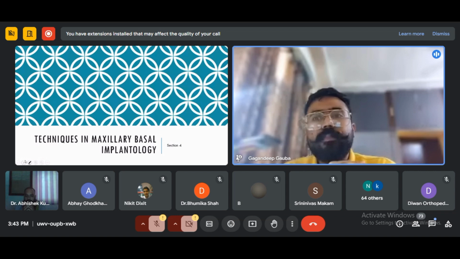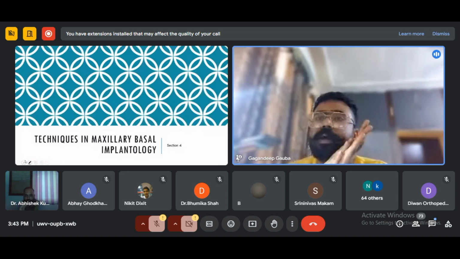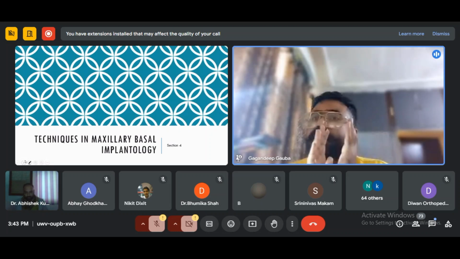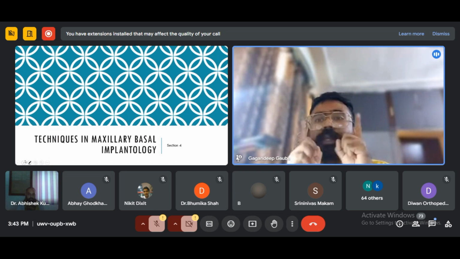If sufficient width and height is available, it's preferred that you use two narrow diameter, 3.6 diameter implants in the molar region, because two smaller diameter implants are always better than a larger diameter implant. In basal implantology, we go with the concept of one implant for one root. One implant for every root we place.